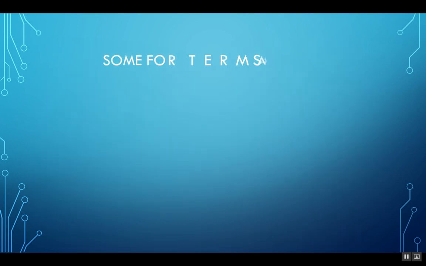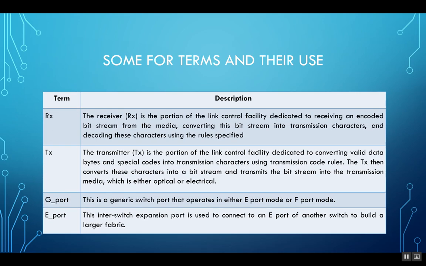Coming to our next slide, which has some more terms that are important to know when you're working with Fibre Channel, is the G port. A G port is a generic port that operates in either E port mode or F port mode. An E port is an inter-switch expansion port which is used to connect the E port of another switch to build a larger fabric.